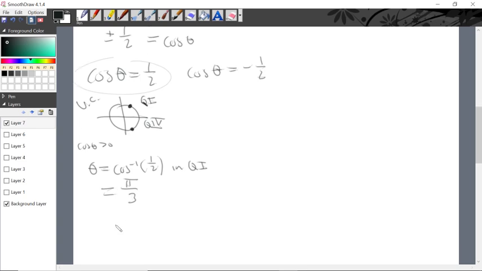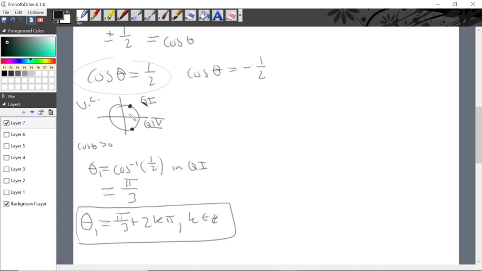That's not the only solution for quadrant 1. We have to include all possible solutions. Let's call this one theta 1. It's the quadrant 1 solution. So our set of all theta 1s would be pi over 3 plus 2k pi, where k is any integer. That would include angles like pi over 3 plus 2 pi. If we went through a full rotation and then back again, we would have another solution to this equation. An infinite amount of solutions, therefore, in quadrant 1.